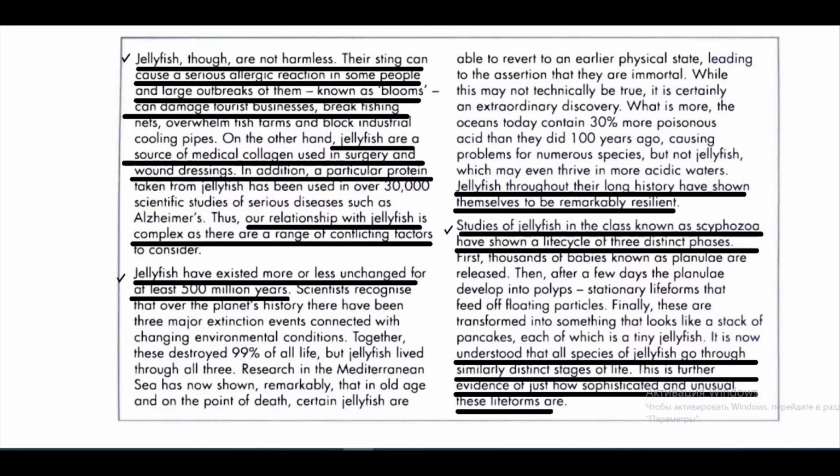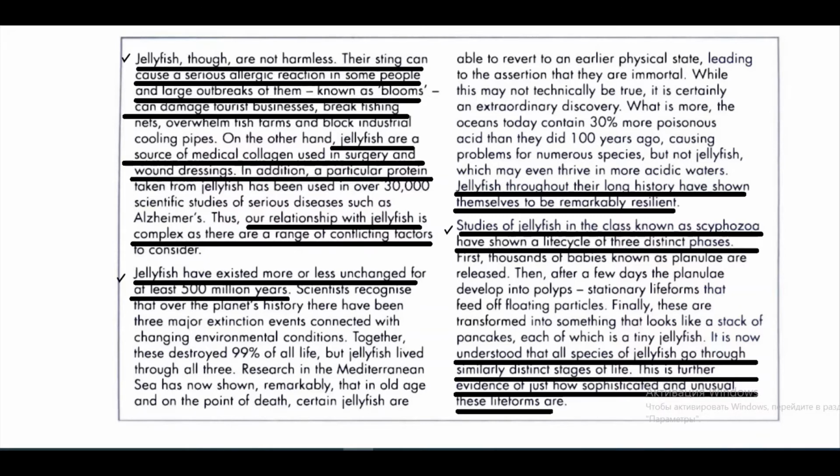So the writer lists and counts several ways jellyfish cause harm to humans: their sting, blooms, breaking fishing nets, overwhelming fish farms, and many more.